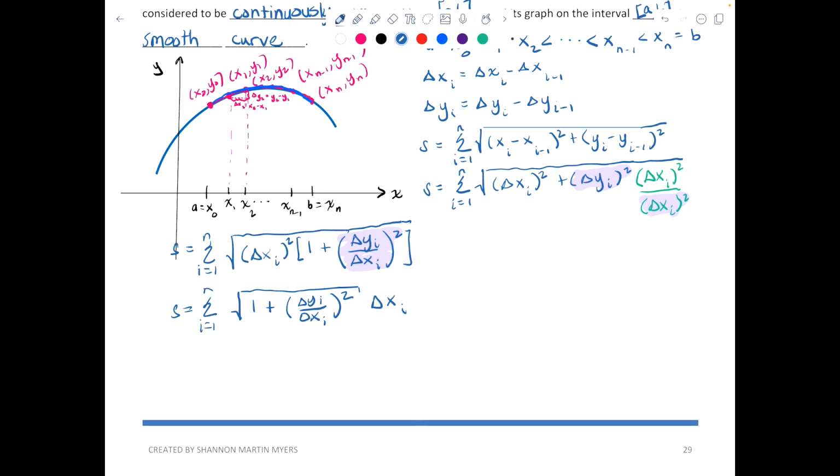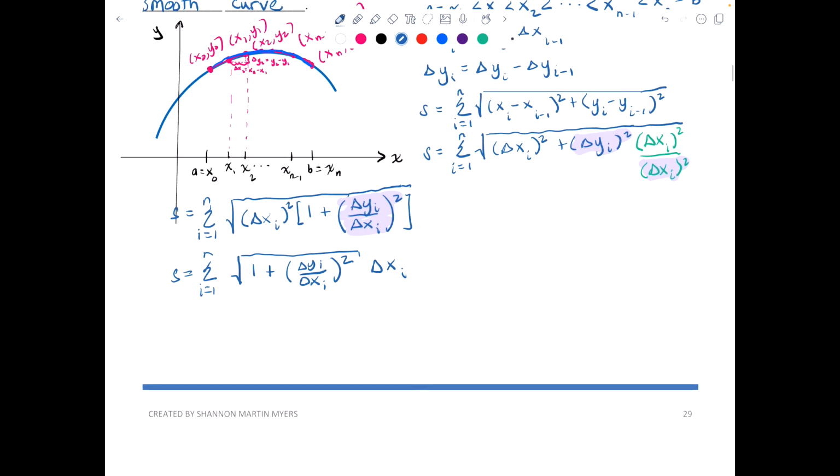All right, so now as the width of each subinterval, called the norm of delta, approaches 0, the number of subintervals n will approach infinity, okay?